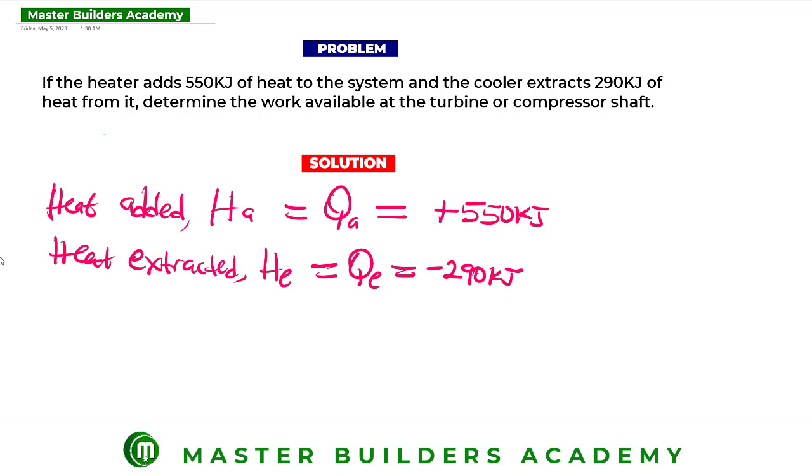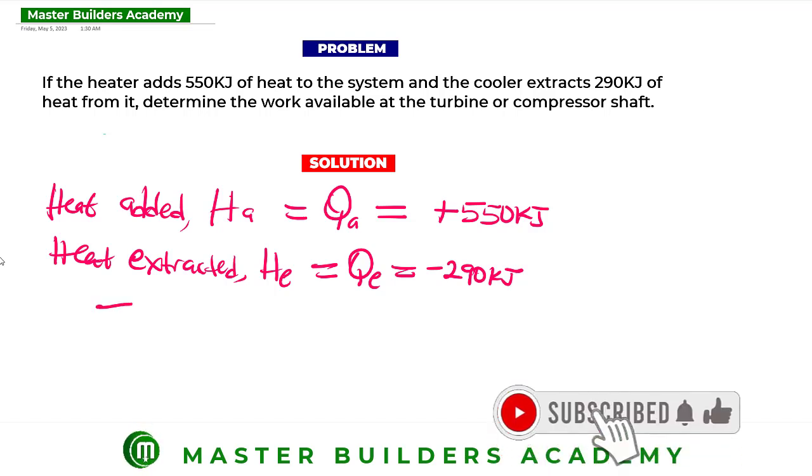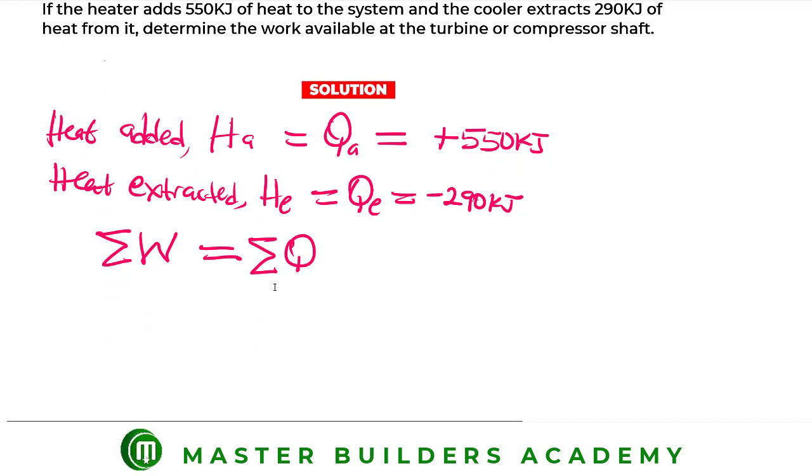Having gotten these parameters, all we need to do now is get the work done. The summation of work done in a system is always equal to the summation of heat in that system, in a cyclic process.